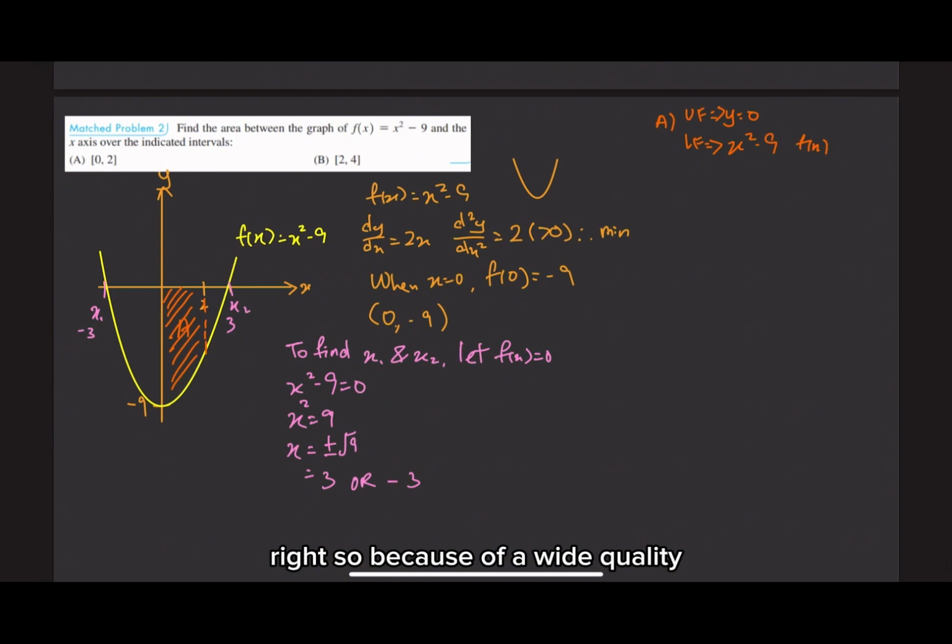Because our y equals 0 is always above our f of x in this interval. So we will solve from 0 to 2: upper function 0 minus x squared minus 9 dx. Simplify. Be careful of the signs, right? Negative x squared plus 9 dx.